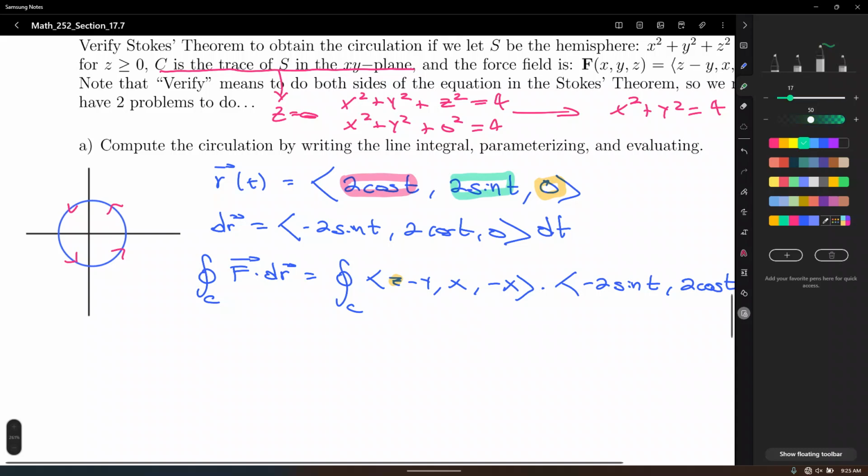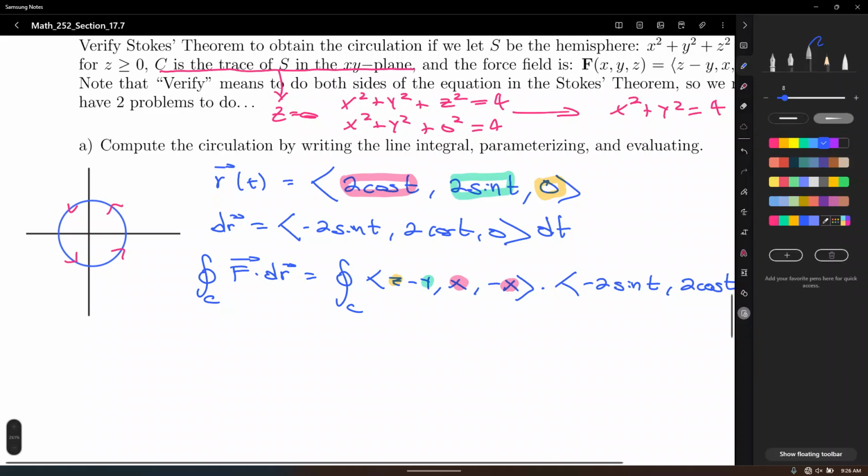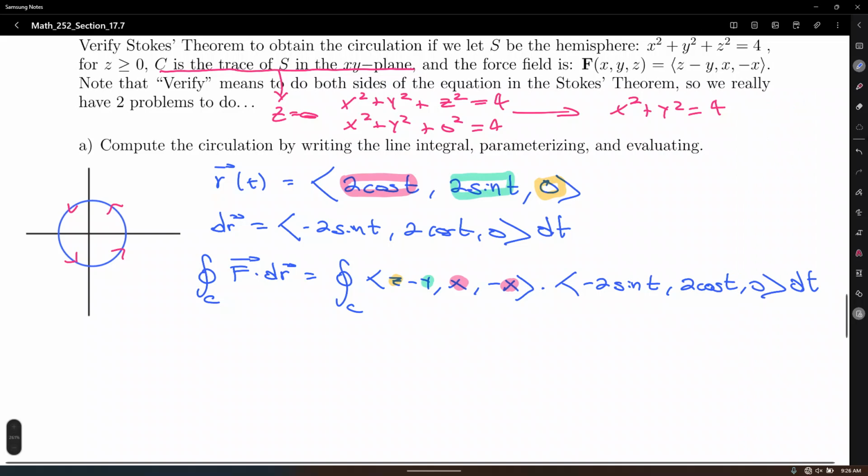Then y is going to be the one in green, and x is going to be in pink. Because we want an integral with respect to t, and we have x's, y's, and z's, so we need to write those in terms of t's. Okay, so let's go about it. We will put the limits in a second, which I think are pretty obvious.